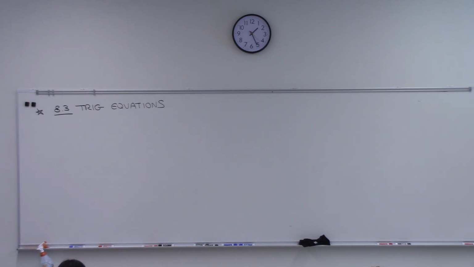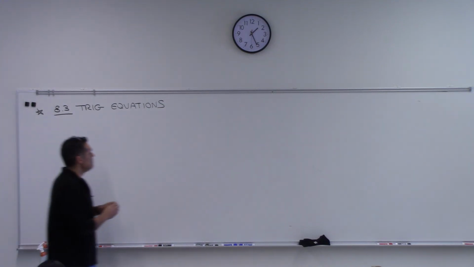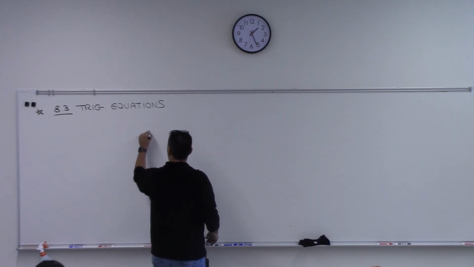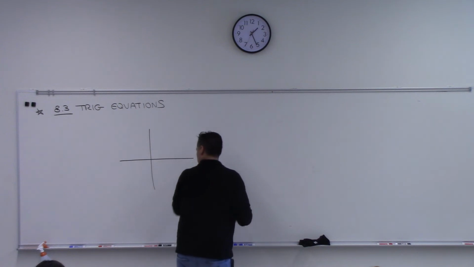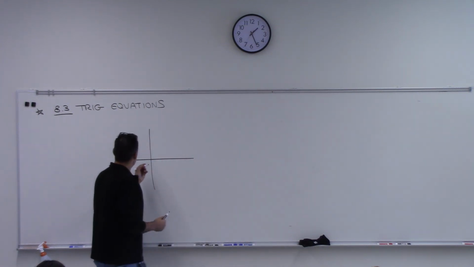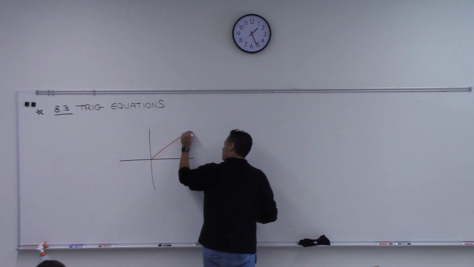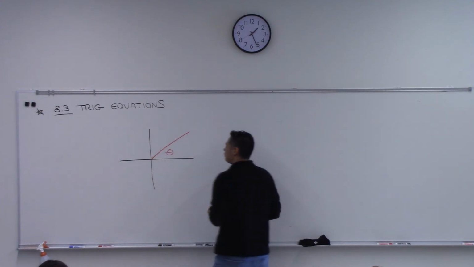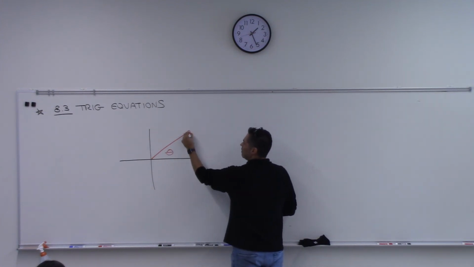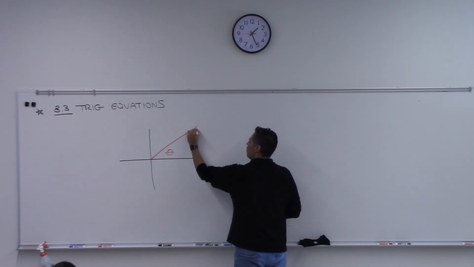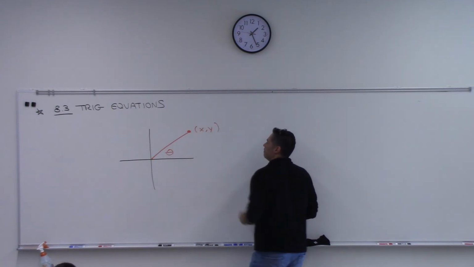So before we start, I want to get a few things clear in terms of angles. Let's say that I draw an angle here for you in red. This angle here, let's call that theta. And let's just put a point at the end of that right there. That point has some x and some y, right?